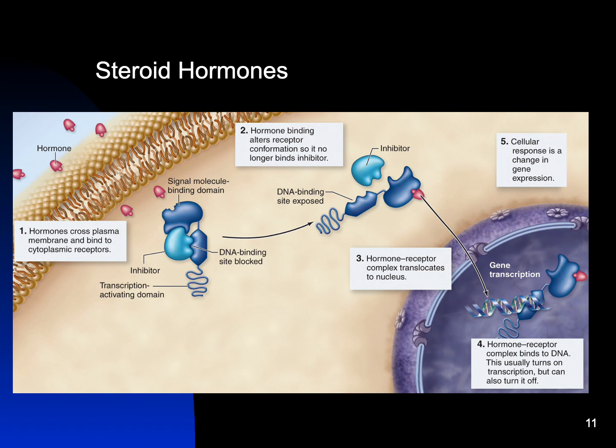Hormones like estrogen and testosterone can do this. When the hormone binds to the receptor, usually an inhibitor is released, and very often these hormone receptor complexes will go to the nucleus and turn on DNA transcription so that new proteins are made. So it's a change in gene expression.